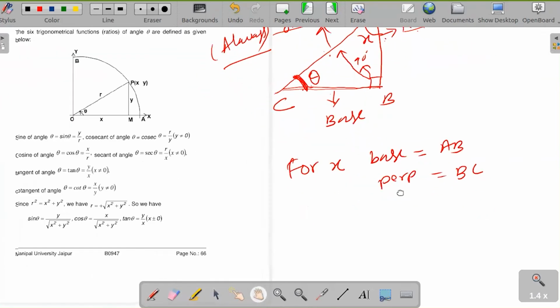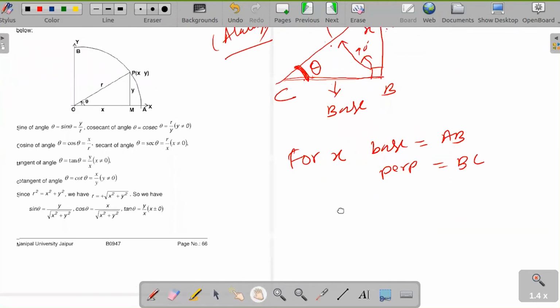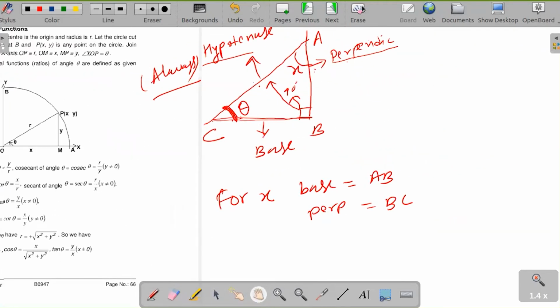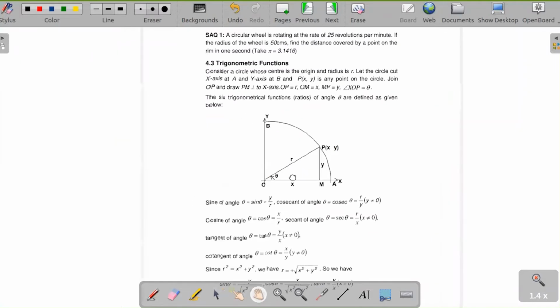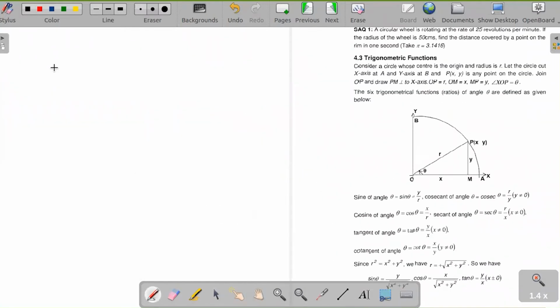Next, go to the terminologies. In any triangle we can only have perpendicular, hypotenuse, base.